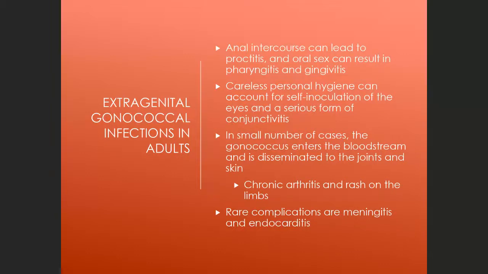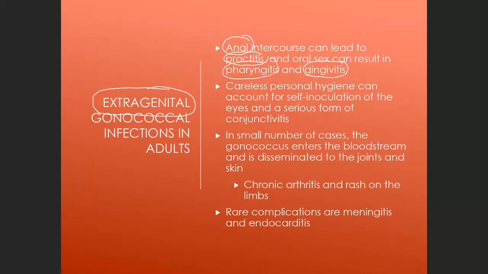Okay, if this gonorrhea goes out from the genital area, it can also cause infection in other organs. For example, it can cause what we call proctitis in the anus, gingivitis if it goes to the mouth, and maybe pharyngitis.